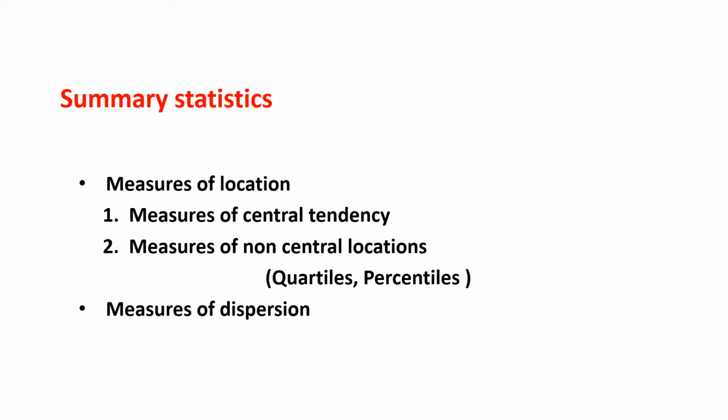It can be how it is more located towards the central area through the central tendencies, or through the rest of the area through measures of non-central tendencies, and how spread out they are from the central value, that is in terms of measures of dispersion.